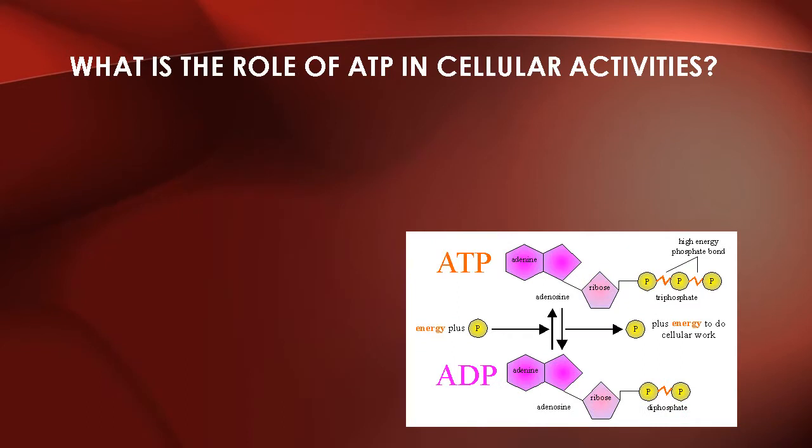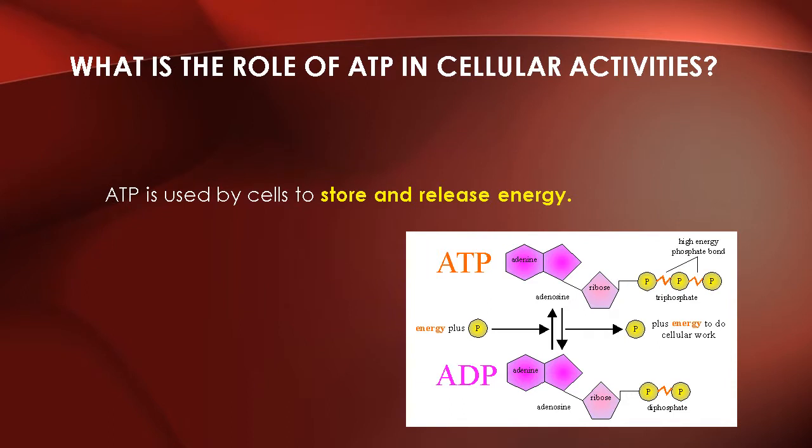What is the role of ATP in cellular activities? ATP is used by cells to store and release energy. So basically it is an energy currency. Whenever it is needed, energy is released when ATP is converted into ADP. Here's the structure of ATP, which has an adenine molecule, a 5-carbon sugar ribose, and 3 phosphate groups, and these are high energy phosphate bonds.